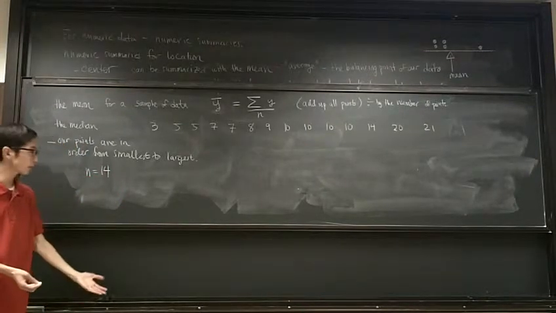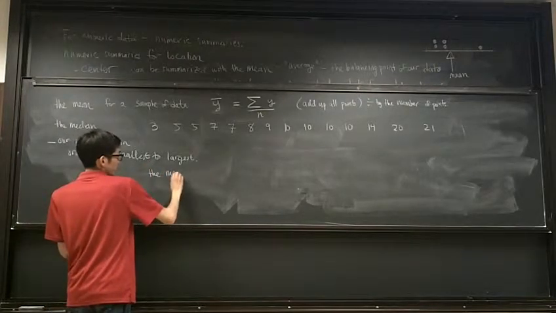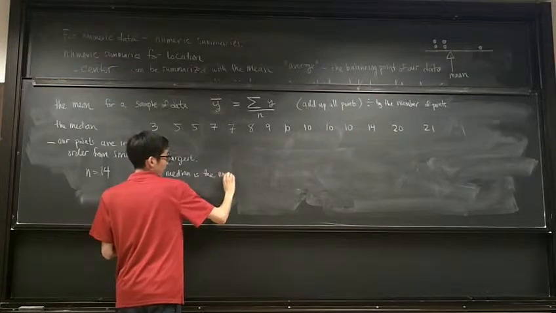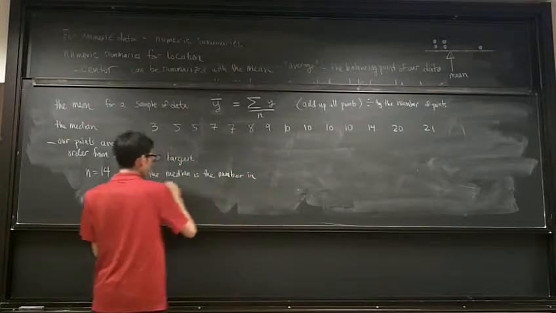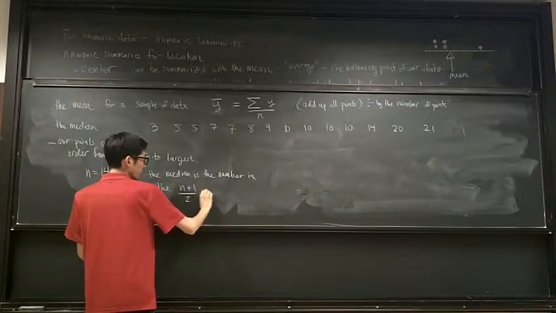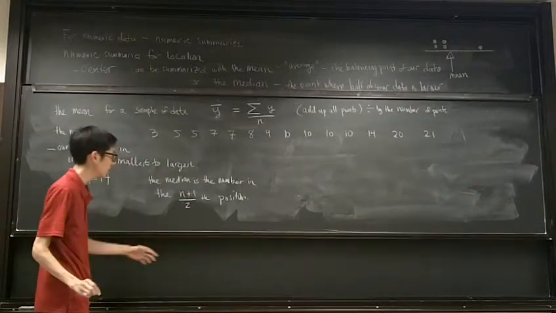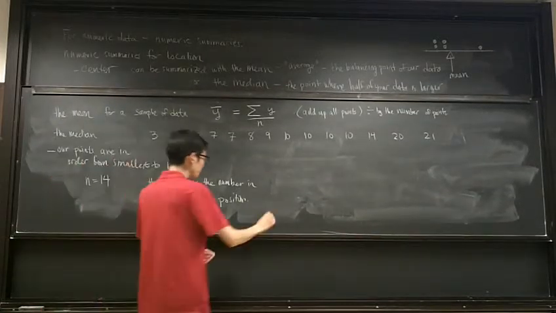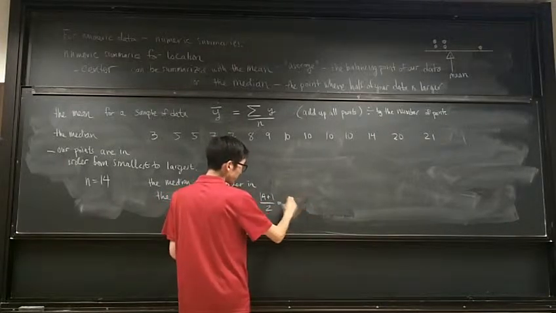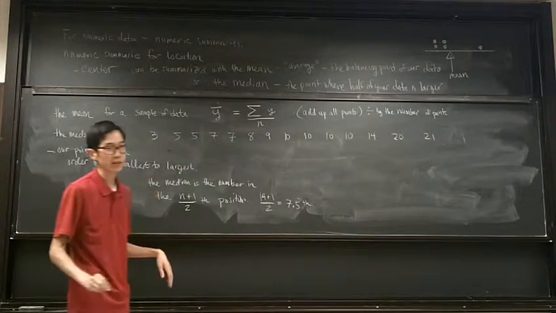Now, a way that we can find this is the median is the number in the n plus 1 over 2 position. Okay, so what does that mean? Well, if I do n plus 1 over 2, 14 plus 1 over 2 is 15 over 2, 7.5. It's the number in the 7.5 position.